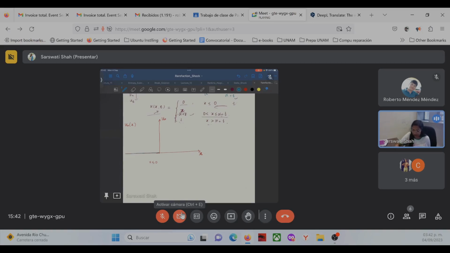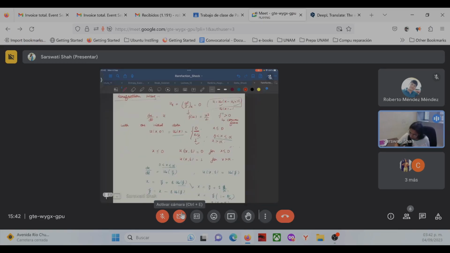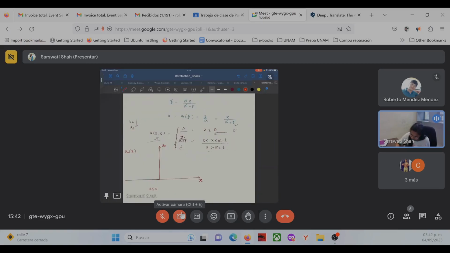Again at t equals 0 and x less than or equal to alpha, in that case the initial data was this. So this will be coming like this, and it will be going to 1.